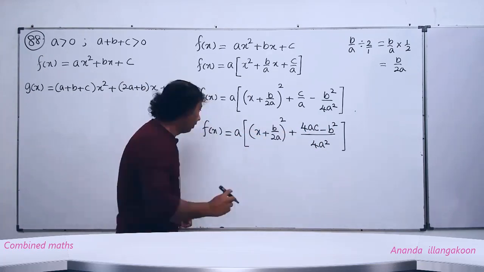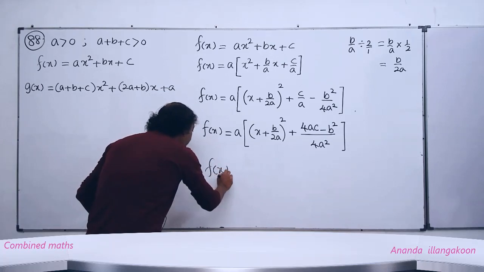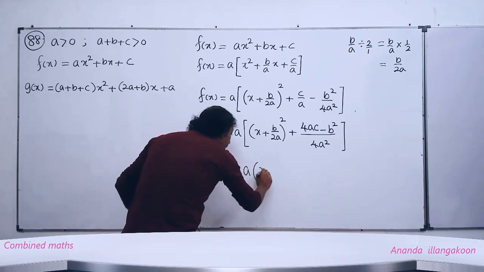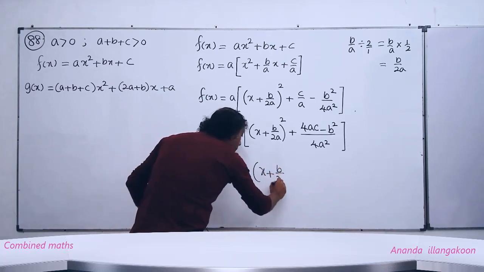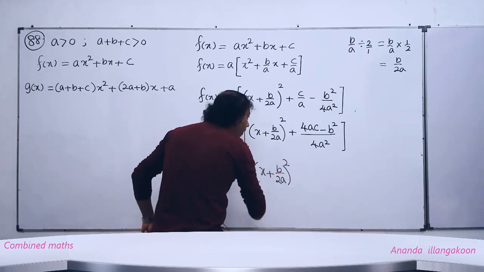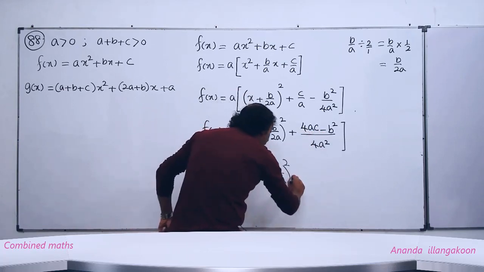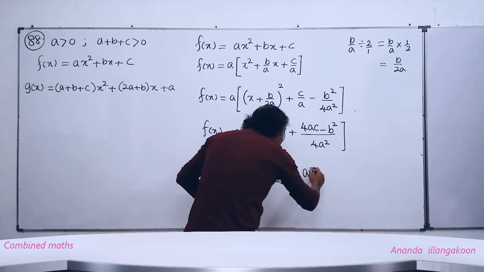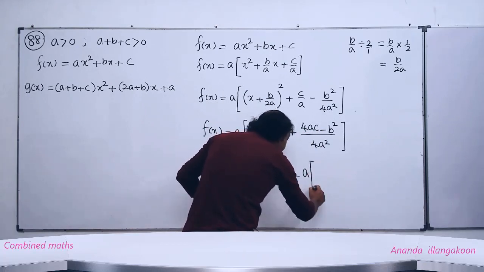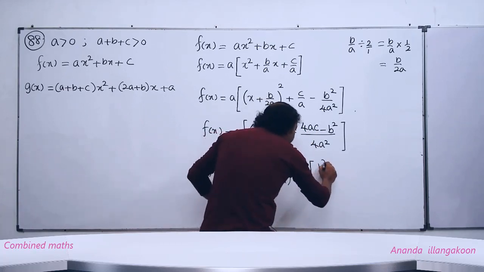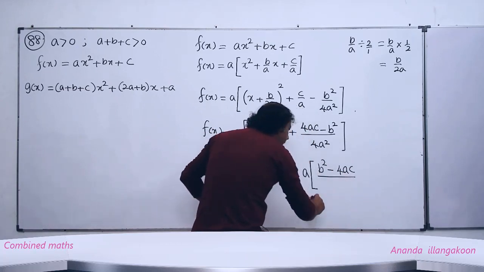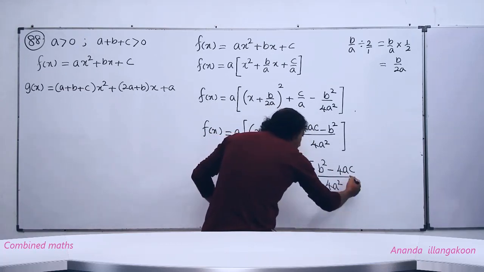Understand? Fine. Then we can write f(x) equals a times x plus b upon 2a, perfect squared. Now I take this minus sign out, then plus and minus gives minus. That a we keep here. This is now b squared minus 4ac divided by 4a squared.